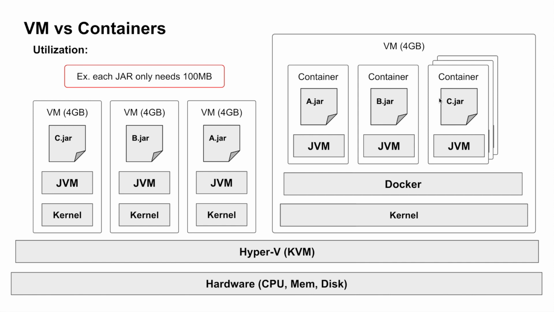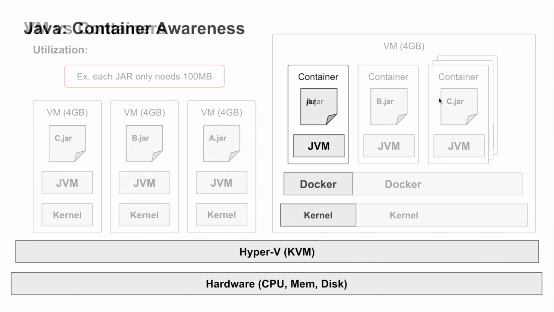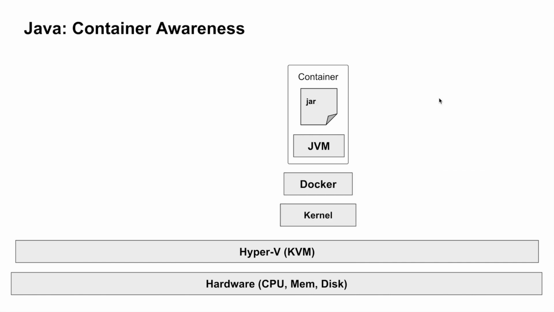JVM and Java and containers are a weird match for a couple of reasons, but I'm going to focus on the 2 big reasons. The first reason is this idea of container awareness. Earlier in the presentation, I talked about how Docker uses cgroups to limit resources like CPU and memory. Well, the JVM also has a mechanism to limit how much CPU and memory it can use.